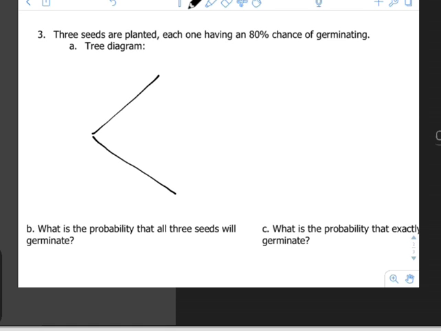So you make a V up here, and another V down here. That is seed number 2. The last column will be seed number 3. There, there, there, and there. Now at this point, I know some of you are going to say you can't do this on the iPad because your iPad's broken right now.